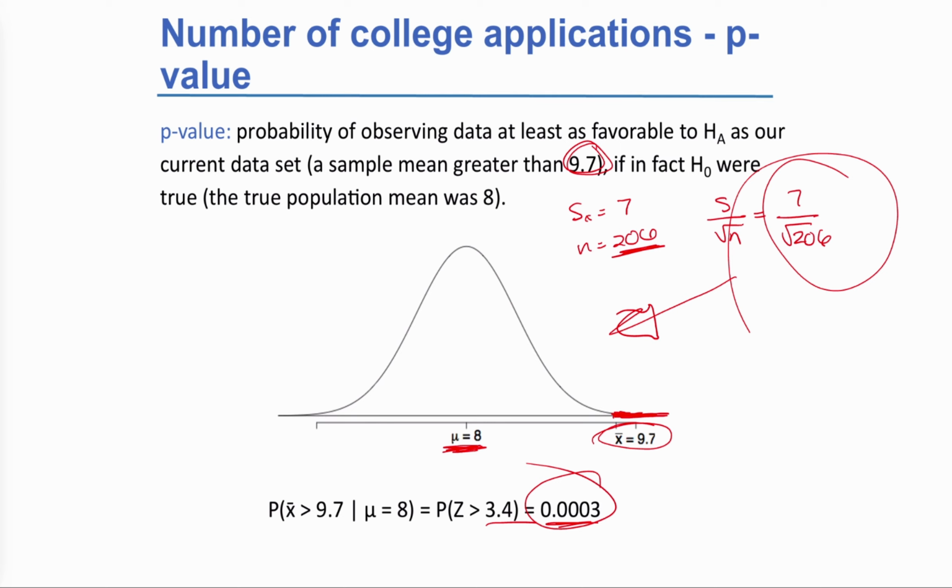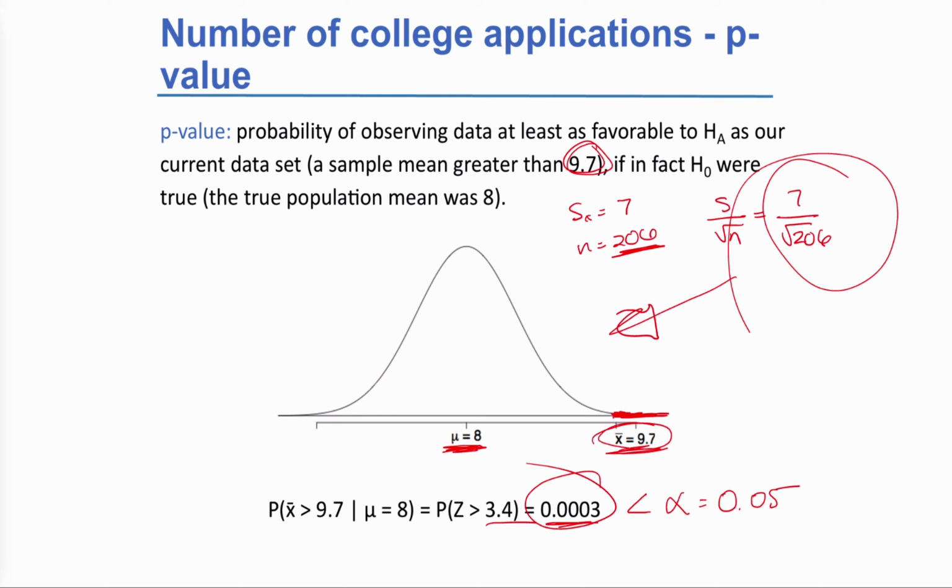That is a very small p-value. That is less than an alpha of 0.05. Right? That's a very small chance that we could just randomly get a sample with these results if the average number of colleges is actually 8.